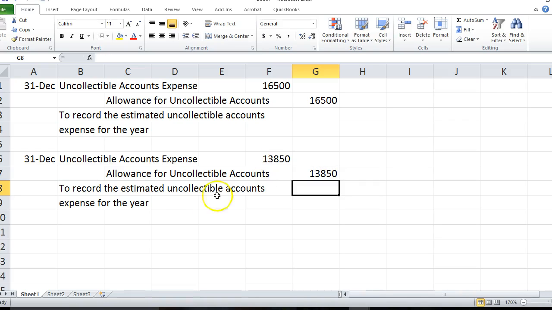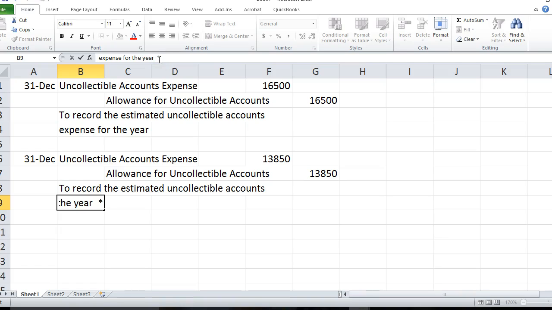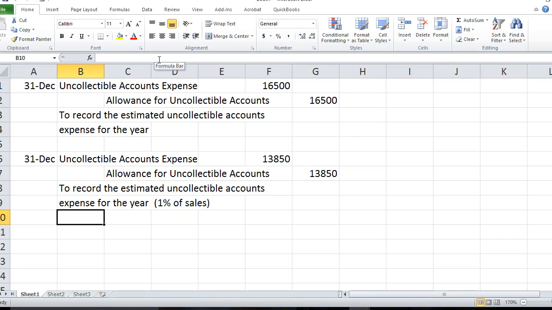To record estimated uncollectible account expense for the year, and what we'll do is we'll show how we're calculating it. 1% of sales. Okay? Does that make sense, guys? How y'all doing?